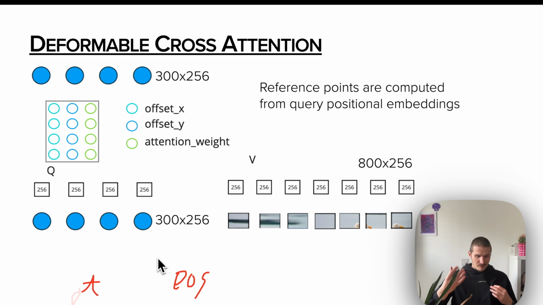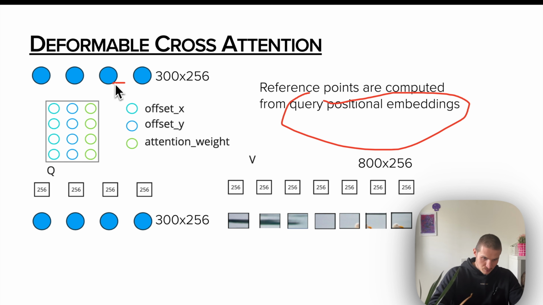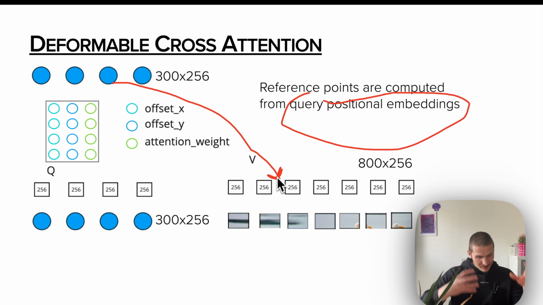And then after the first layer, the target is going to be whatever the output of the previous layer was, and we still have these query positional encodings coming from the right. We use them to project an extra dense layer to decide on the reference point. And then we start counting our offsets from there.